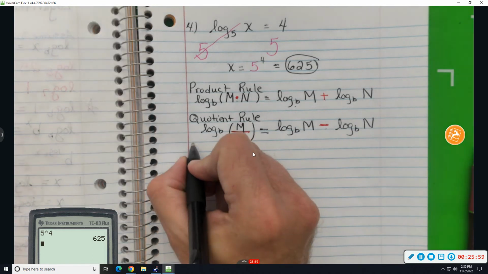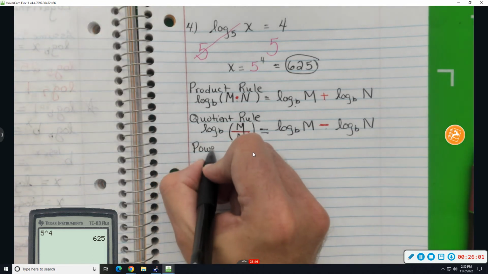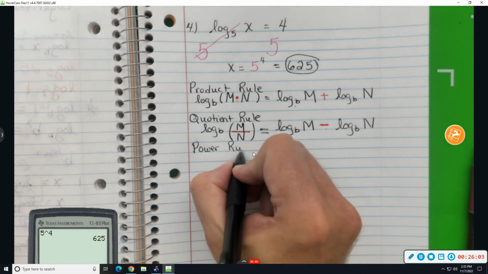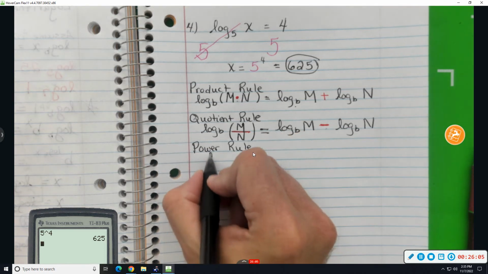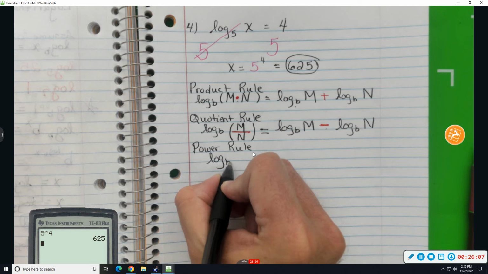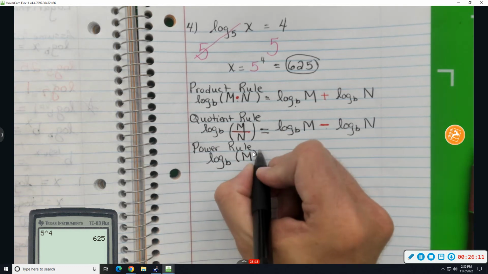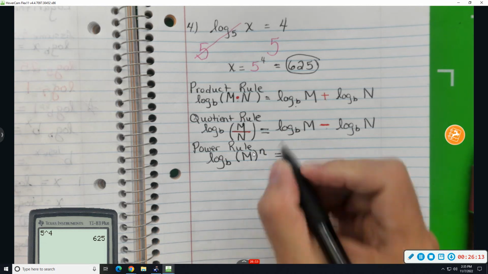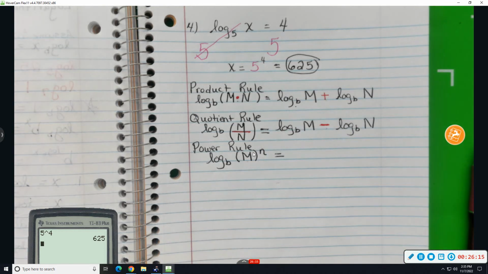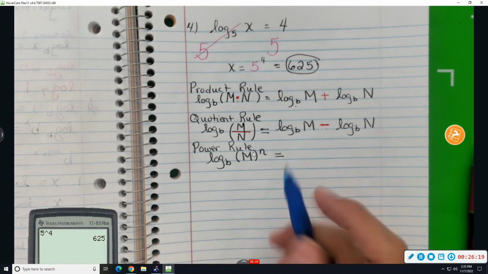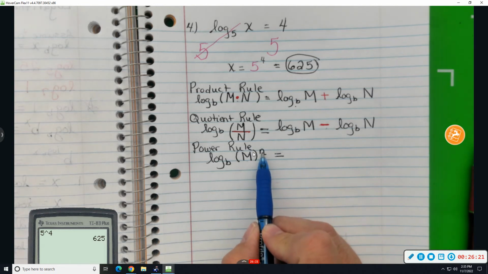One more called the power rule. Log base b of m raised to the nth power. The power rule says if you have an exponent at the end of a logarithm, it can't just be in the middle of the logarithm.